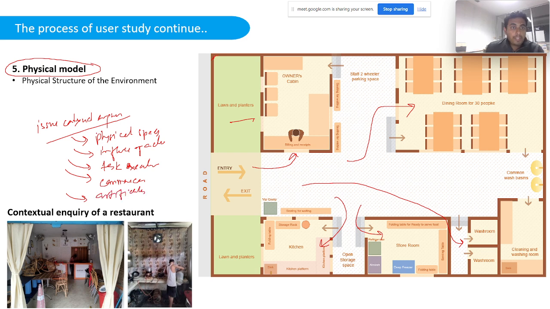Because the nature of the issues can be classified into these five categories, we represent them using these five models, and that's the best way you can record a particular contextual inquiry for later use, for future use.